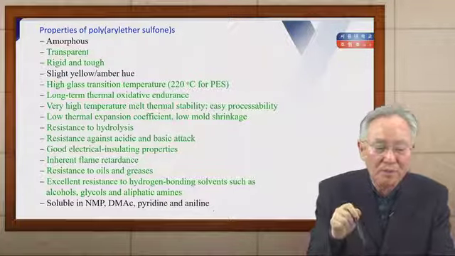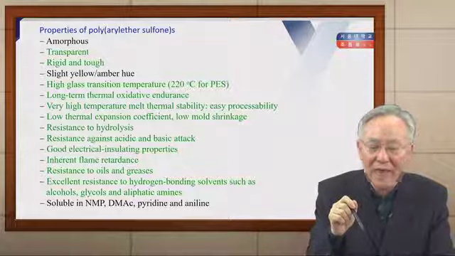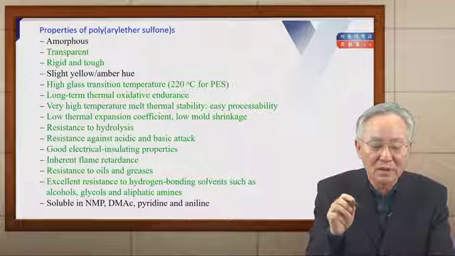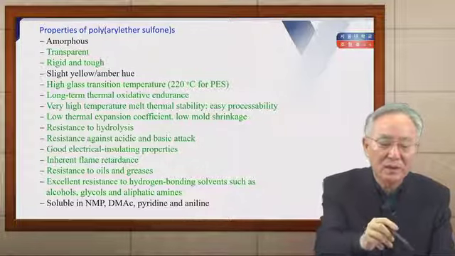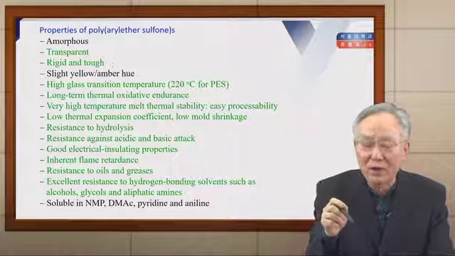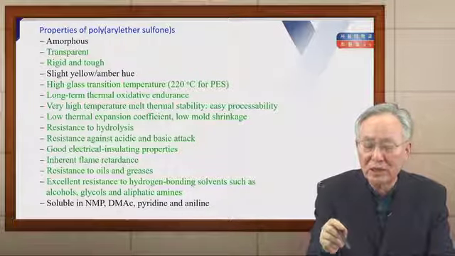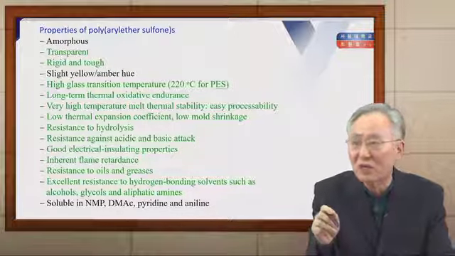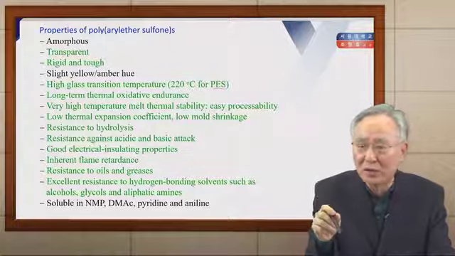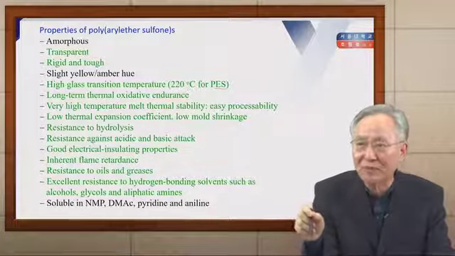However, the polyaryl ether sulfones have many good properties. They are transparent, rigid, and tough. The glass transition temperature is very high, particularly the glass transition temperature of PES is 220 degrees centigrade, which is much higher than the glass transition temperature of PET, PBT, and polyamides.